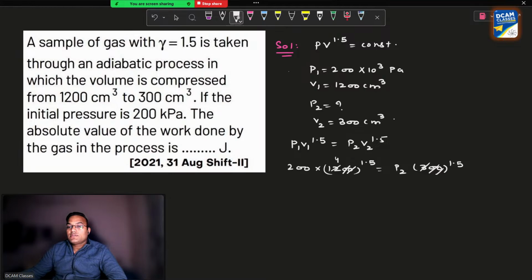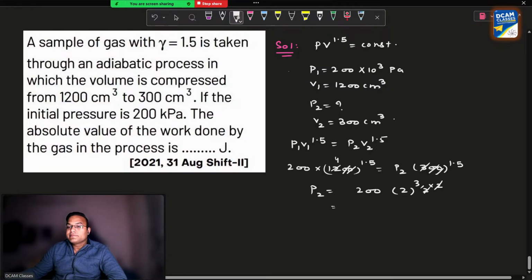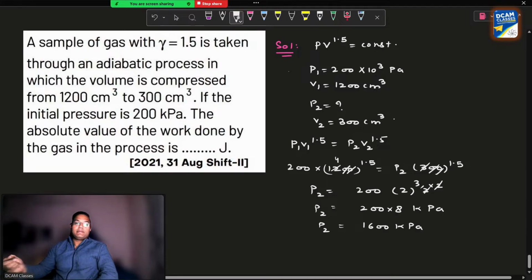Sir, but it's 200 in kilopascals also. But we'll get the pressure in kilopascal only. P2 we will get in kilopascal only. 200 into 8, so 1600 kilopascal is the final pressure when the volume is compressed to 300 centimeter cube.